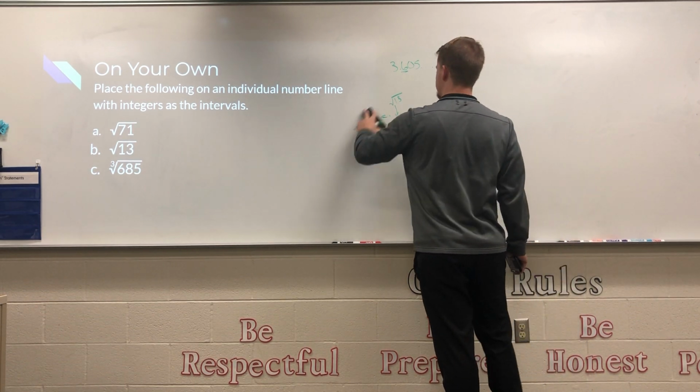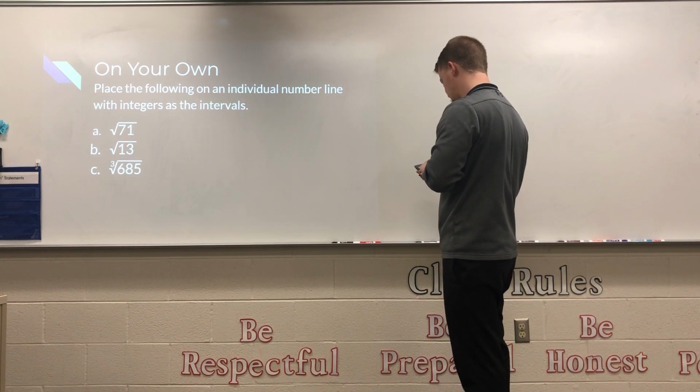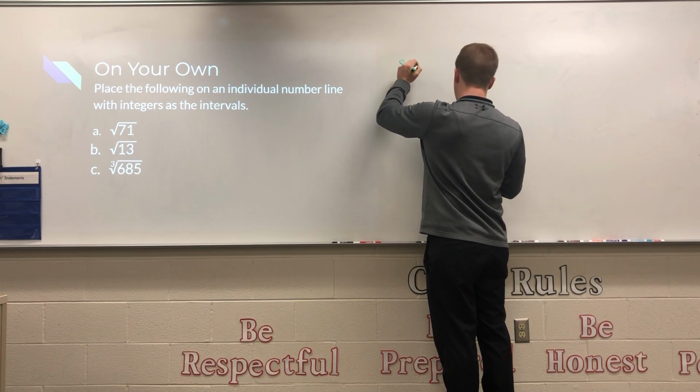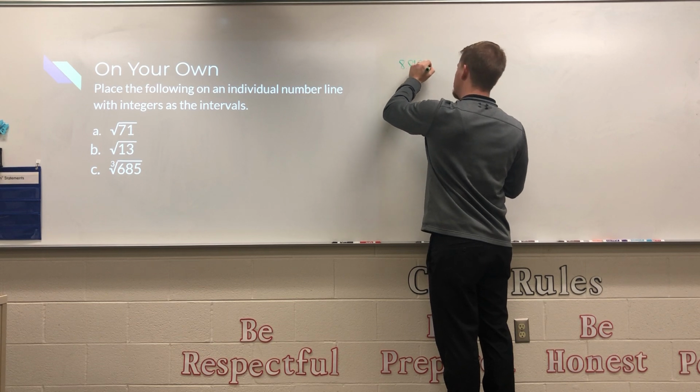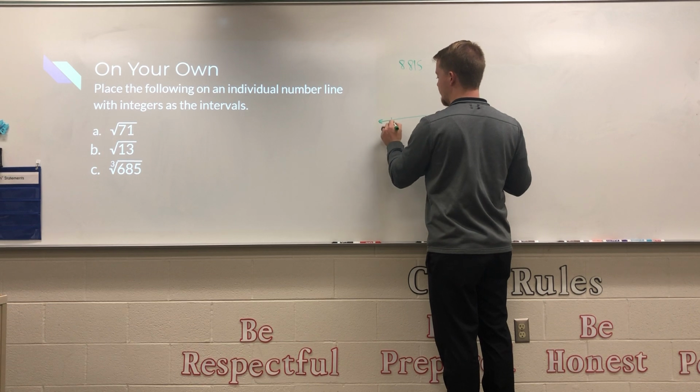Okay, last one. We have cube root of 685. And that equals 8.815... Okay, so I'll make my number line with integers.